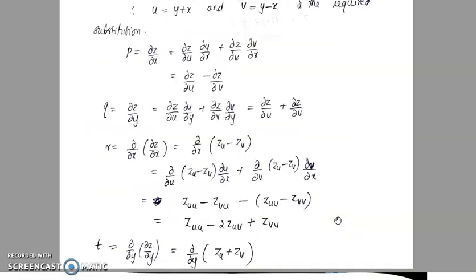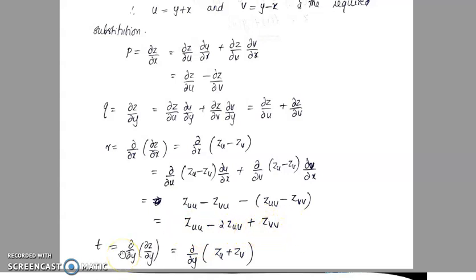So dou by dou u of zu minus zv gives zuu minus zvu, then minus of zuv minus zvv. The mixed partial derivatives zuv and zvu are equal, so I can write both in the order uv. So you will get zuu minus zuv plus zvv.